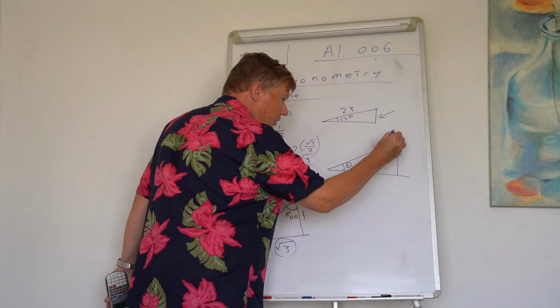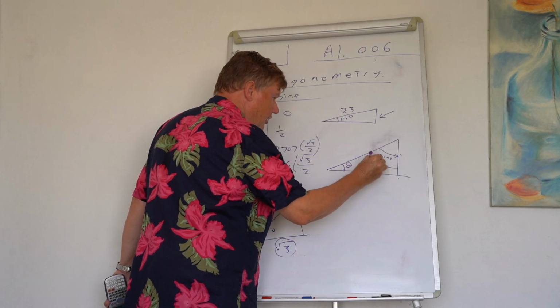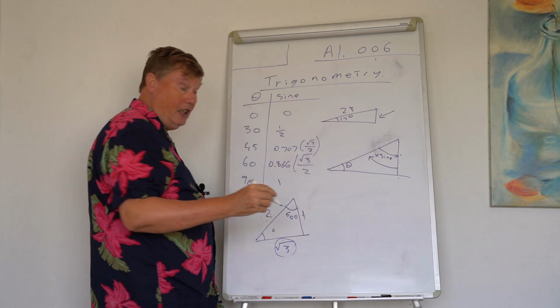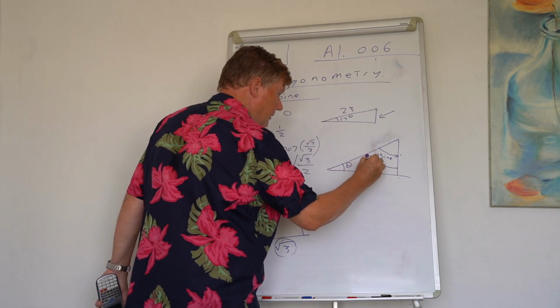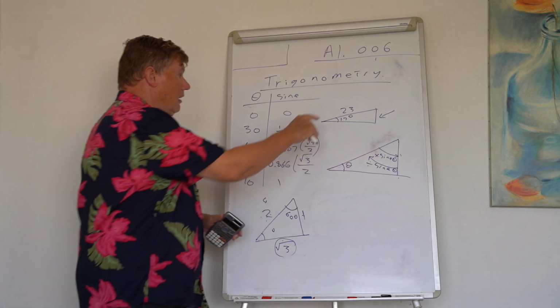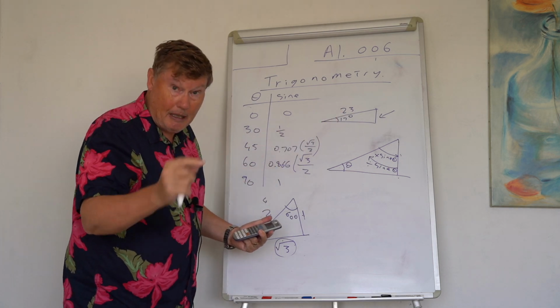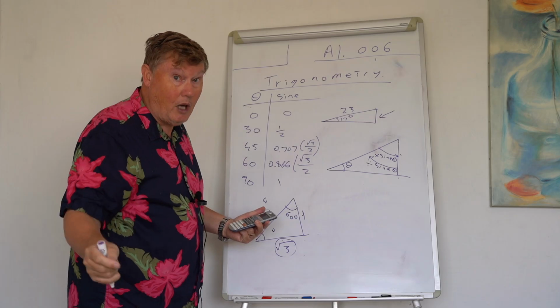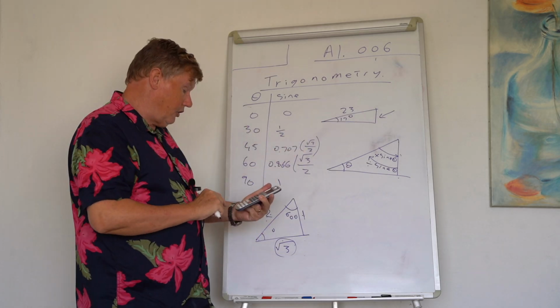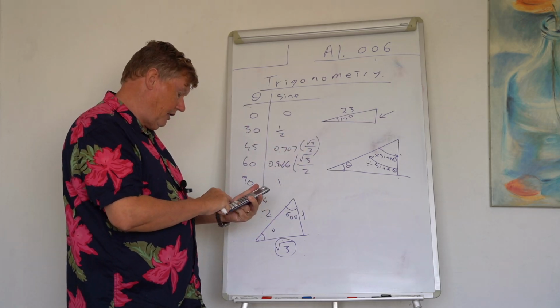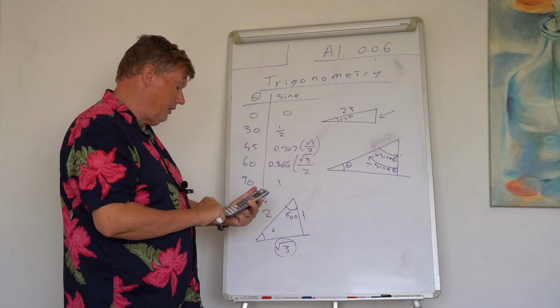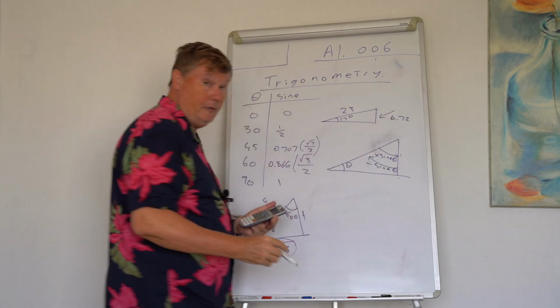And if you're told the smaller side and you want to work out the longer side, you'll divide by sine theta. So here we're told 23. We want to make the number smaller by multiplying it by a number less than 1, which is the sine. So 23 times sine 17, 6.72. Everybody okay with that bit?